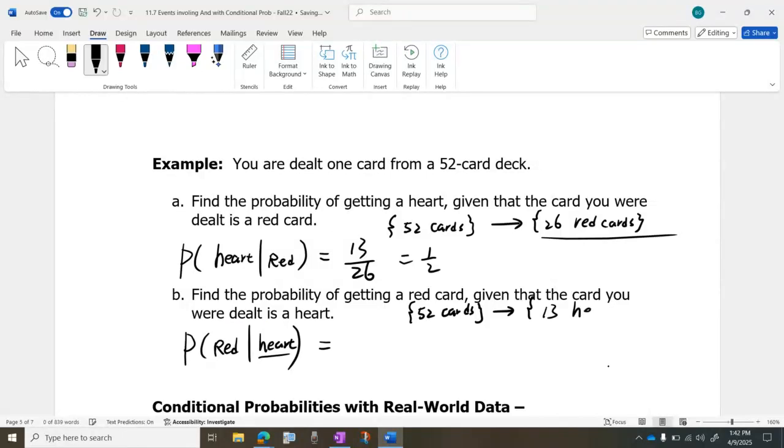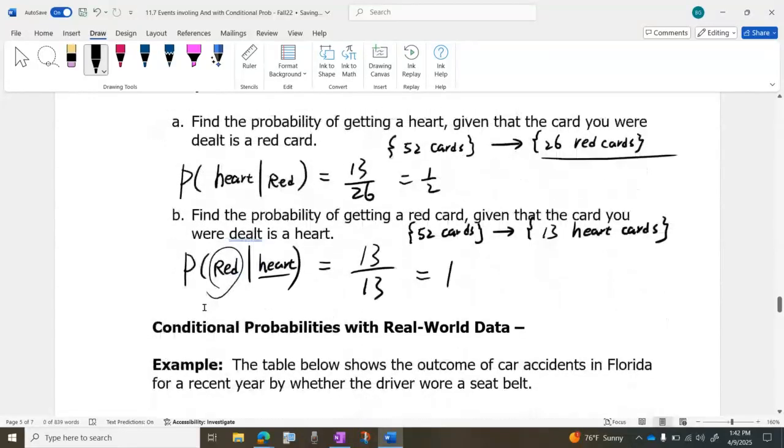So the denominator is 13. Among the 13 heart cards, how many of them are red? They all are red. So 1, right? This is similar to a question I explained earlier in my OneNote: when you switch the two events, they are different.